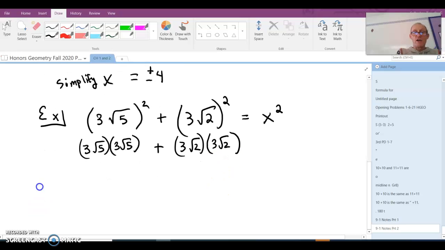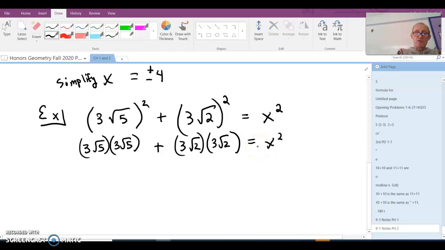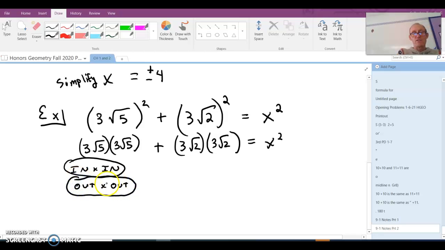All right? Now, the one thing about this square root problem, this is equal to x squared. The one thing I always tell students is in times in, out times out. You can't multiply the in numbers and the out numbers.